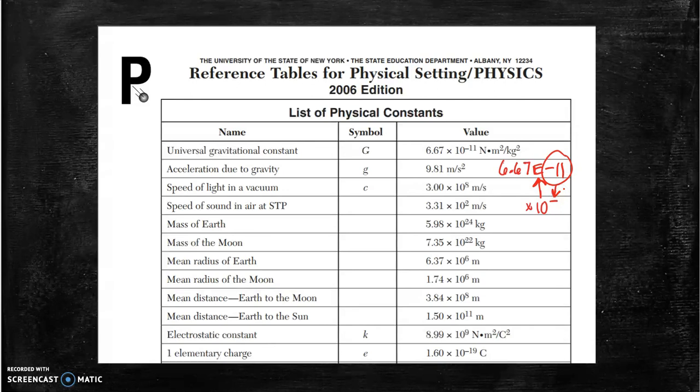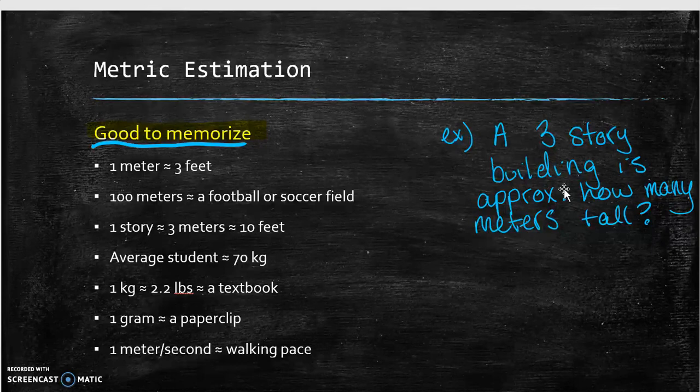So that's another way to help use your resources, your calculator, to understand and be able to translate between scientific notation and standard notation. So we might want to estimate just to make sure we're on the right track with some of our calculations, or be able to recognize what different sizes are in this metric system.